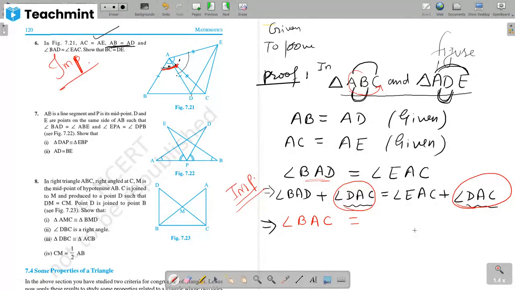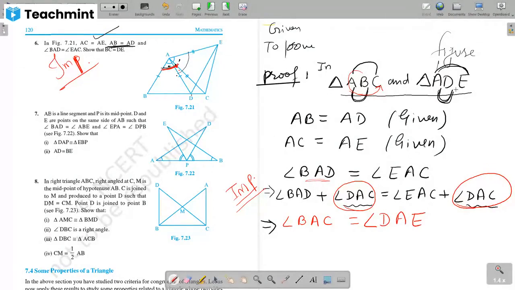So now if you add this DAC, where is DAC? This small angle DAC with this EAC, you will get the complete angle DAE.